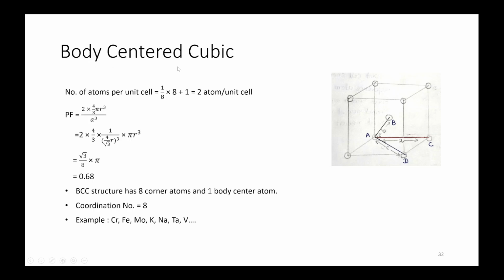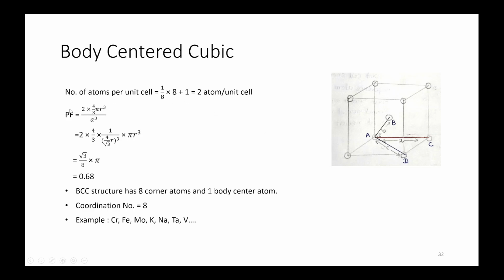Now another crystal structure is body centered cubic. In it there will be one extra atom at the body center and other atoms will be at the corner. So when we calculate, it will be similar to simple cubic plus one atom at the body center, which won't be shared with other unit cells.